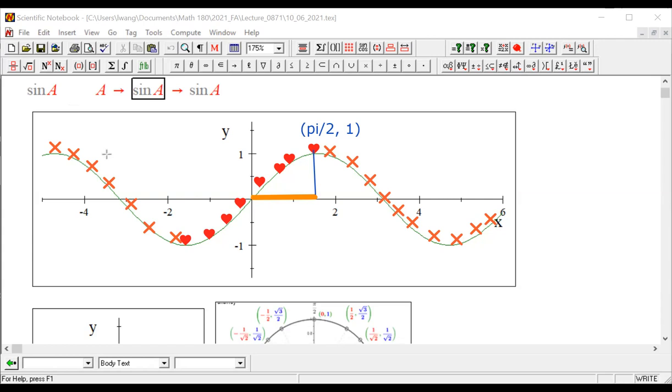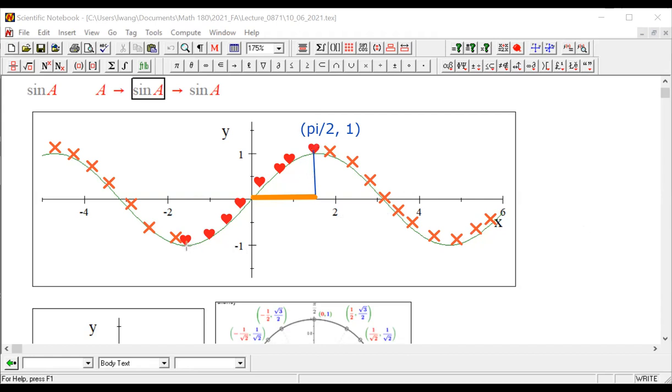Does everybody follow me? And the output is that ratio. What is the ratio? Think about the definition. It is y over r. And what is y? It is the blue numbers. Do you guys see the blue numbers on the unit circle? So that's what this curve is about. Okay, so that's the highest point.